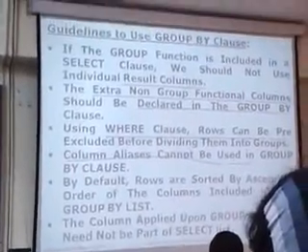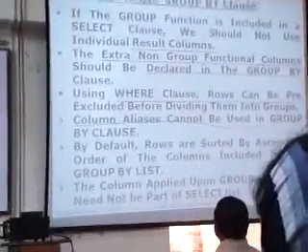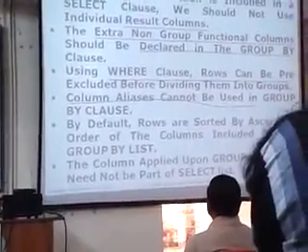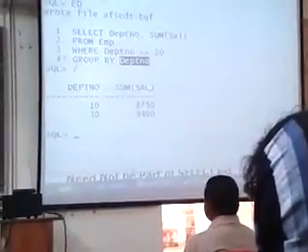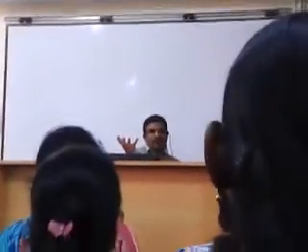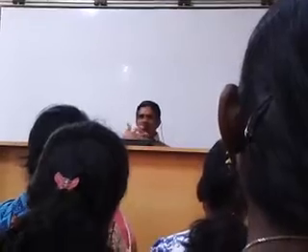These are specific rules. By default, rows are sorted in ascending order of the columns included in the group by list. There is a rule in statistics: whenever you have some amount of sampled data that you want to convert into groups of representation, the rule always says to represent the groups in either ascending order or descending order.